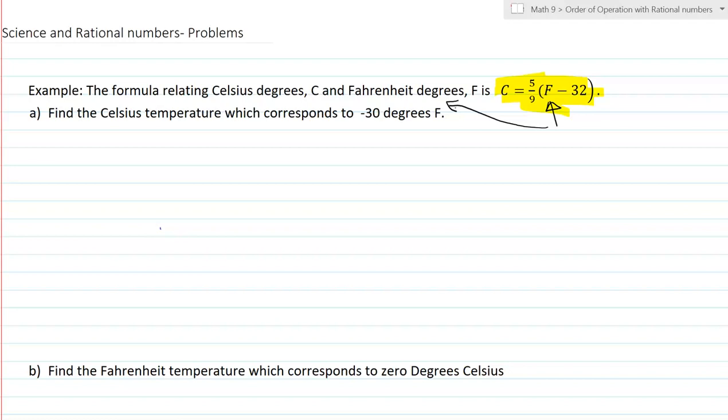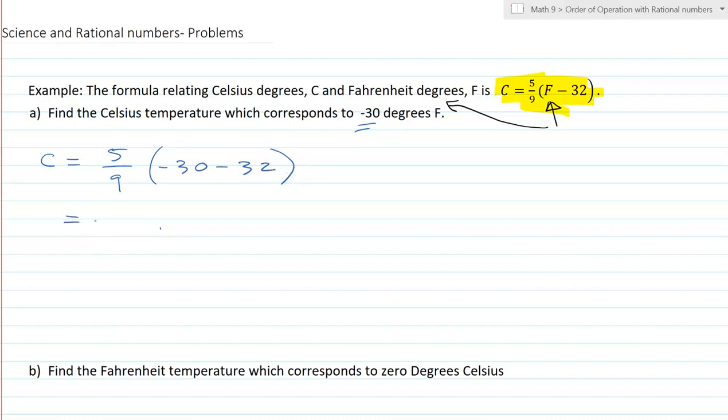Now, first question says A, find the Celsius temperature which corresponds to minus 30 degrees Fahrenheit. So what we need to do, basically, is take this minus 30 and plug it into the formula. So when you see F, you have to put in minus 30. The minus 32 is there already, and now we have to do the math.